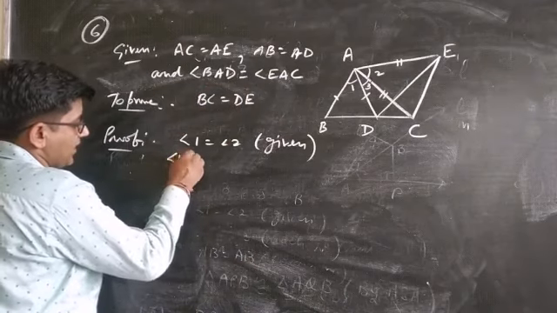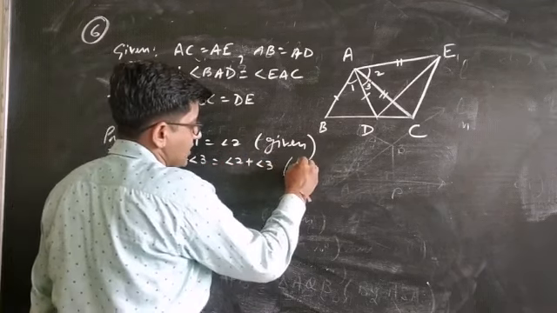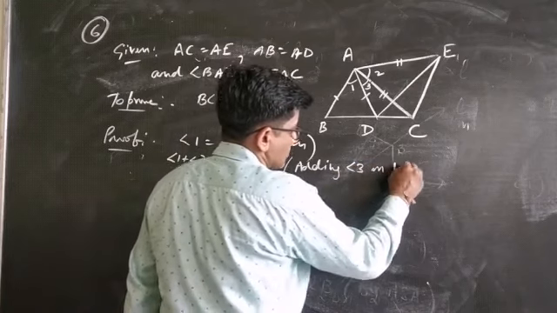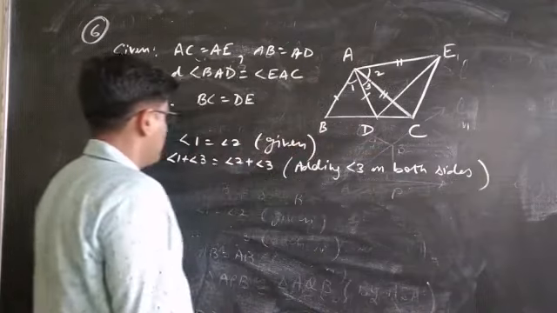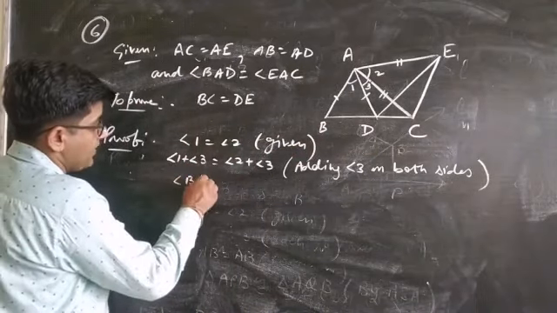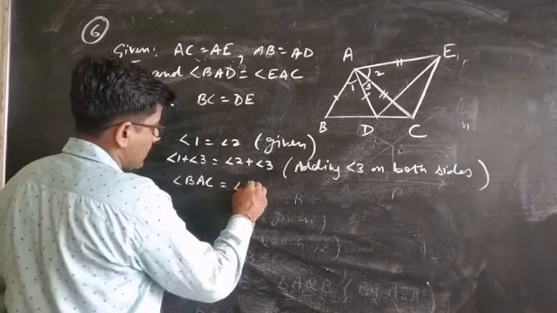Now we'll add angle 3 to both sides. We'll mention here adding angle 3 on both sides. Now angle 1 plus 3 will become angle BAC, and angle 2 plus 3 will become angle DAE.